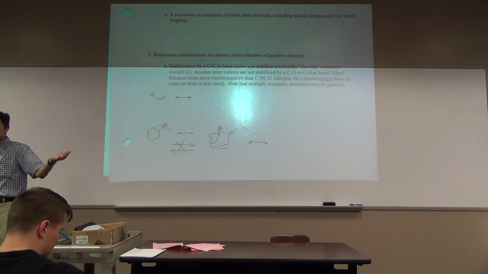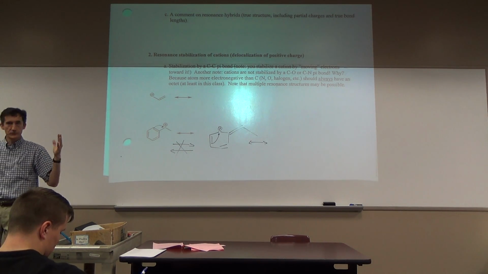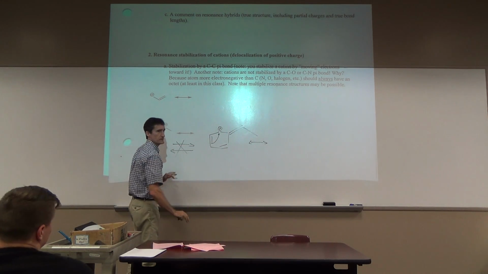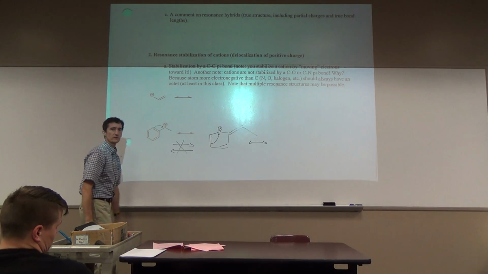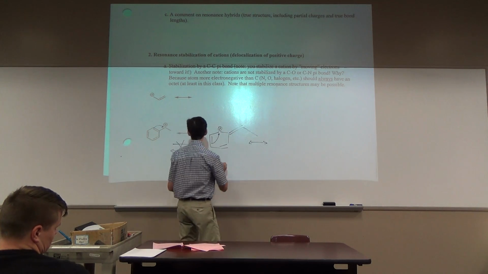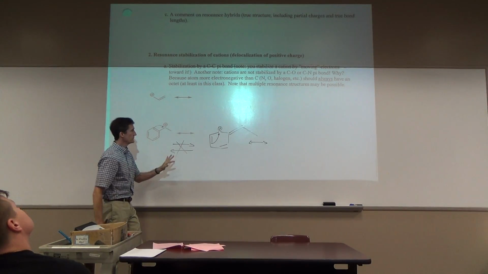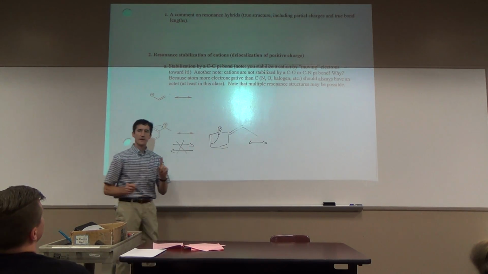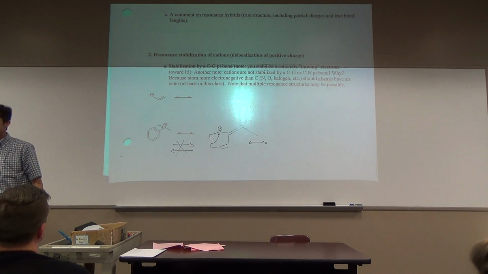That doesn't mean that there's two different things. The true structure is pink. These are not different things. This is one thing we're drawing, just different representation of it called resonance structures. So we use resonance arrows. They're not in equilibrium. Resonance is actually a bad term to some degree because it sounds like it's resonating back and forth. It's not.